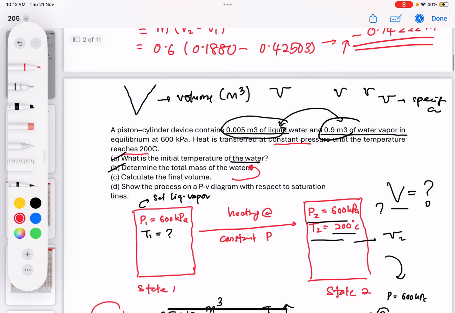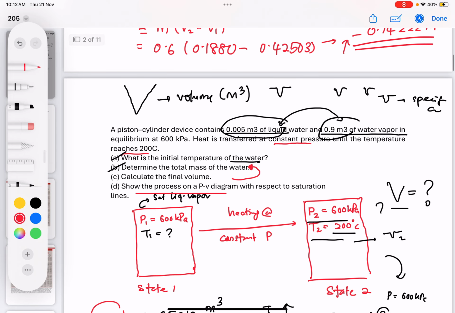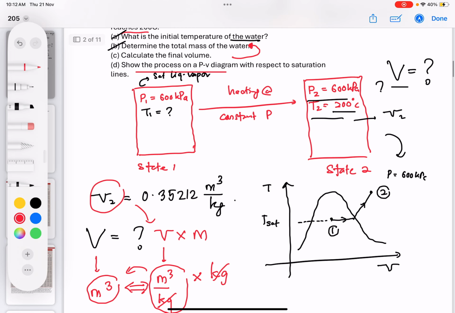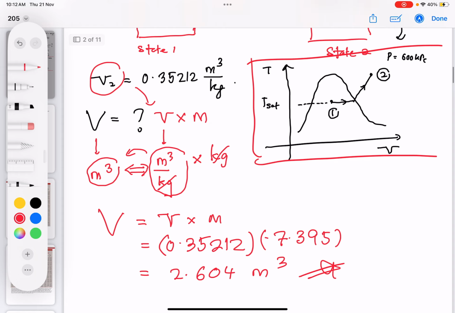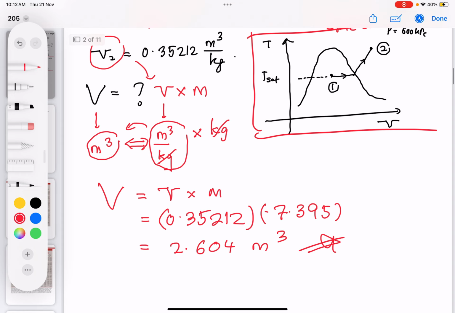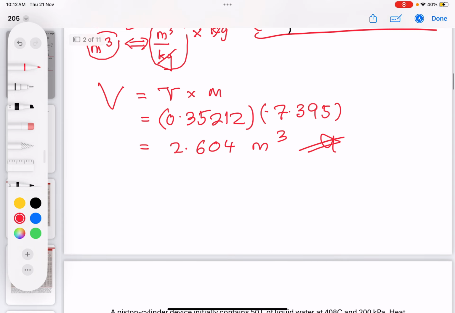And then the last part will be to show the process on the PV diagram. Before this, what I showed you here is a TV diagram, which is quite easy for us to see because the pressure is constant. But if they ask me to draw a PV diagram, I'm going to plot, this is my saturated line.